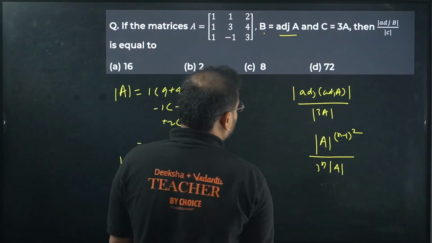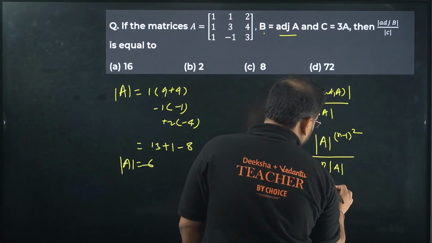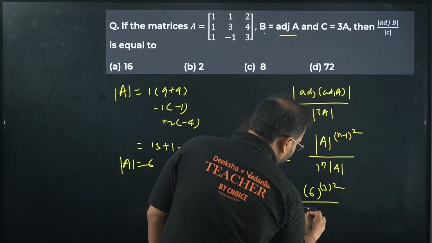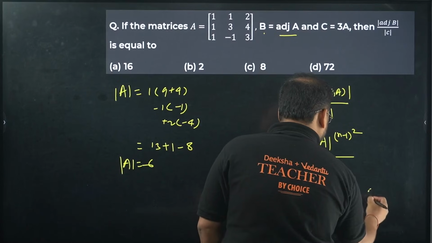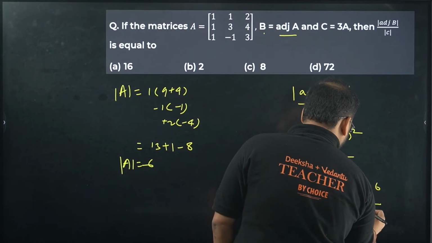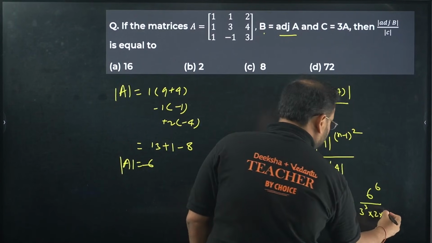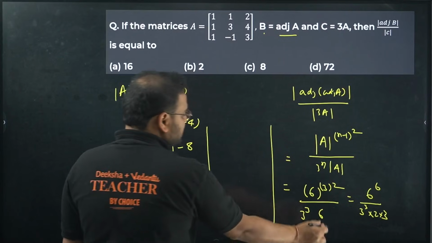The n value is 3, so I get 6 power 3 power 2, and here 3 power 3, and we get 6. I'm getting 6 power 6, and we have 3 power 3 into 2 into 3. 6 is 2 into 3.